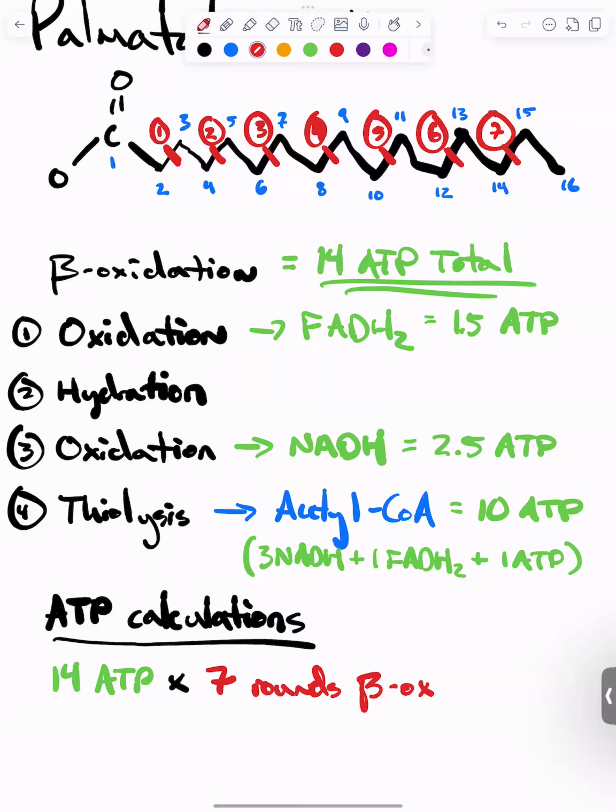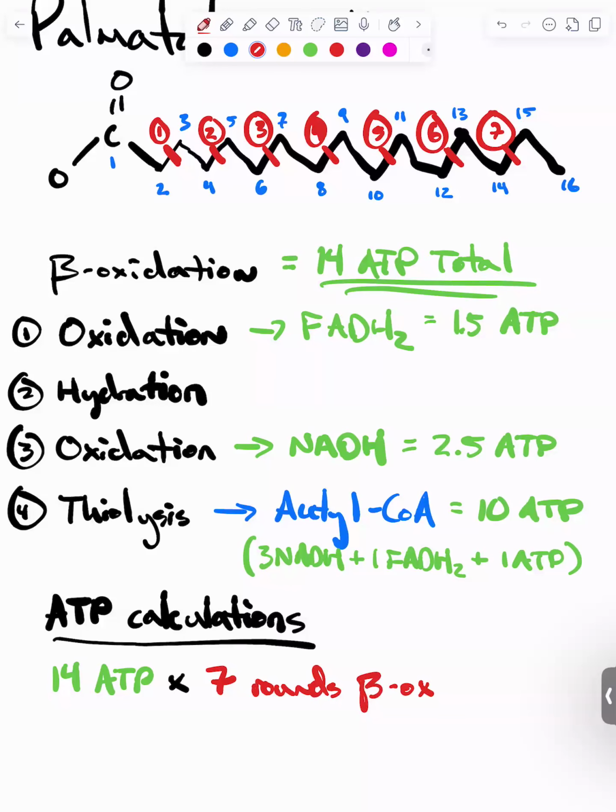But remember, the 7th round of beta oxidation nets 2 acetyl-CoAs instead of the normal 1, because you're breaking apart 4 carbons. 2 of those carbons attached to coenzyme A, 2 of those carbons attached to coenzyme A. So you get 2 acetyl-CoAs.